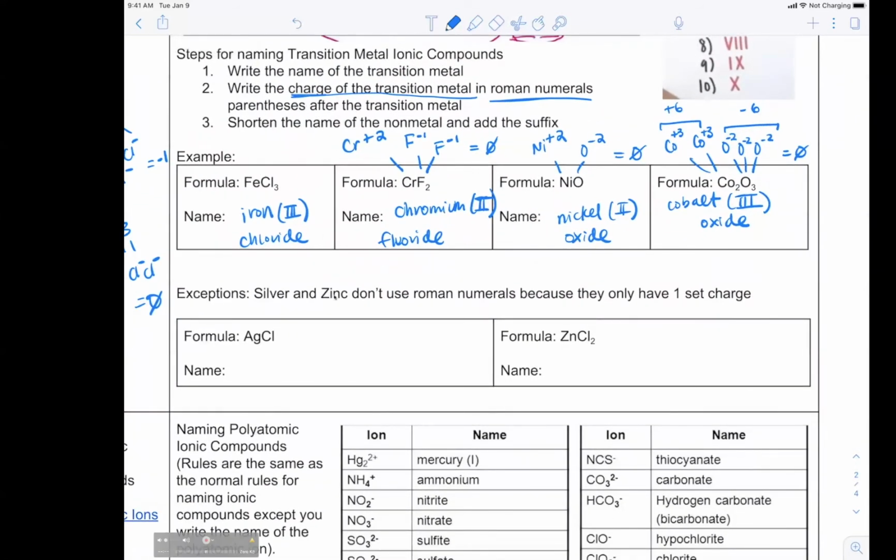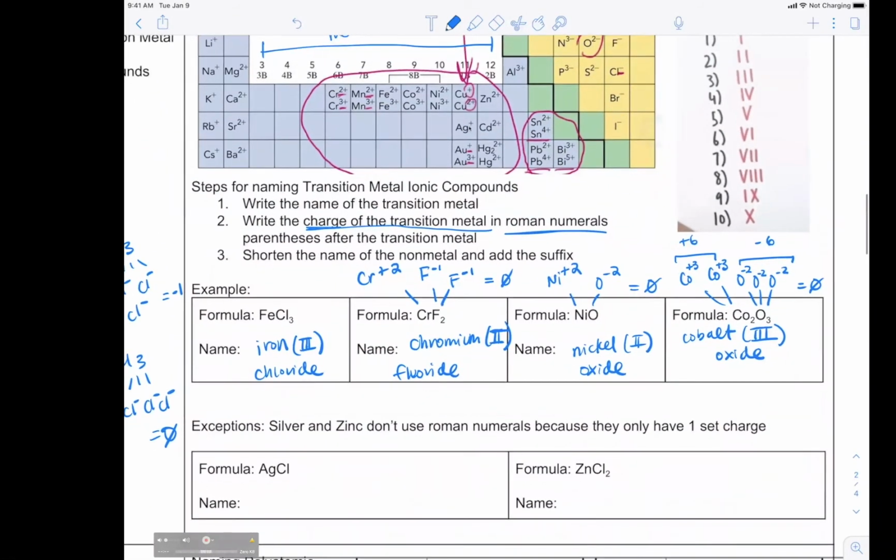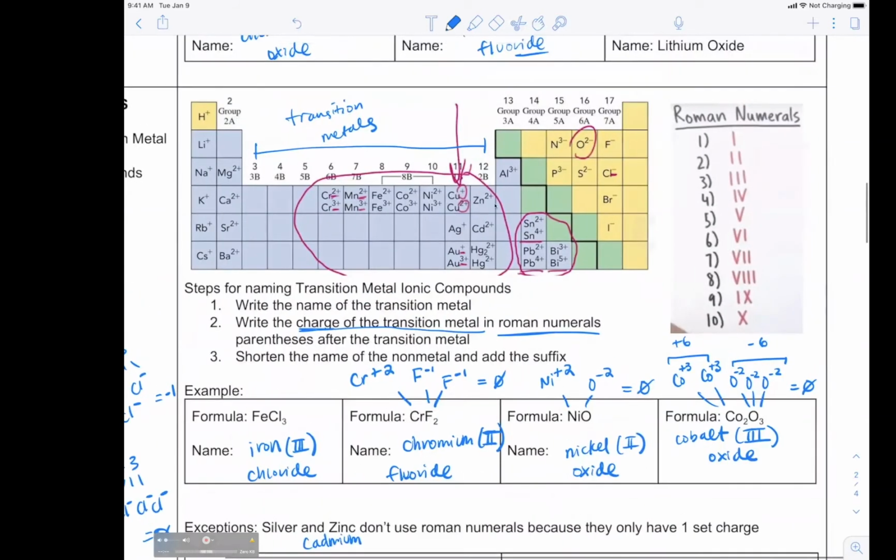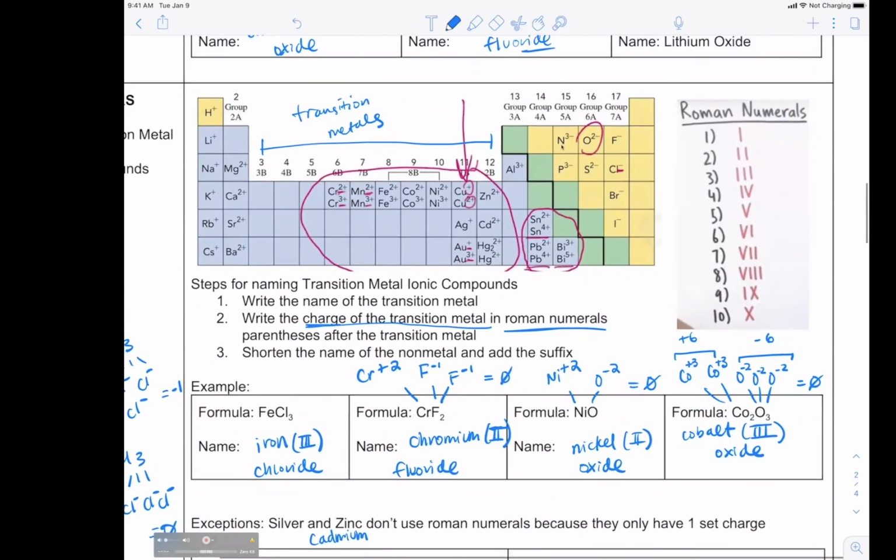Okay, and then there's exceptions to the rule. If you look here, even though silver, zinc, and technically also cadmium are transition metals, these are the only transition metals that don't use Roman numerals because they only have one set charge, like your main group elements.